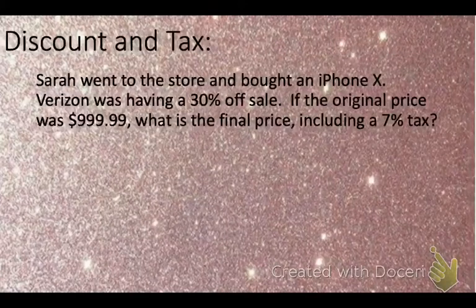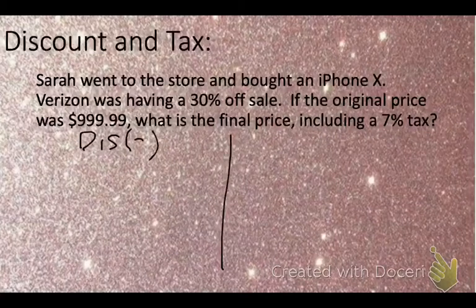All right, it gets a little bit more confusing and a lot more work when we're dealing with discount and tax. All right, so Sarah went to the store and bought an iPhone X. Verizon was having a 30% off sale. If the original price was $999.99, what is the final price, including a 7% tax? So when I do problems like this, I like to split it up into, this is my discount, okay?